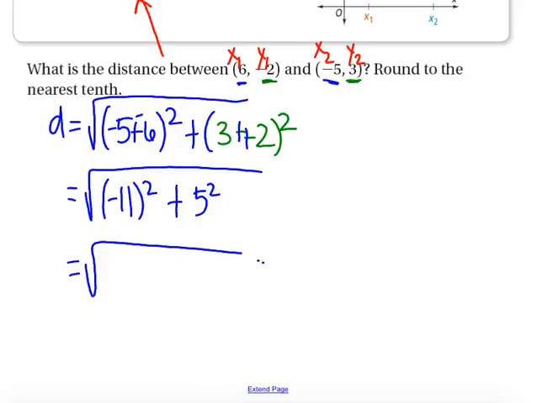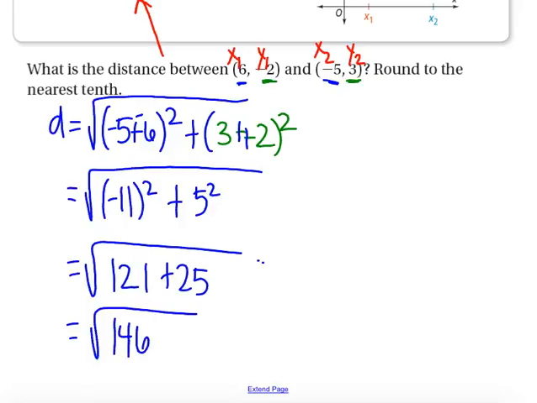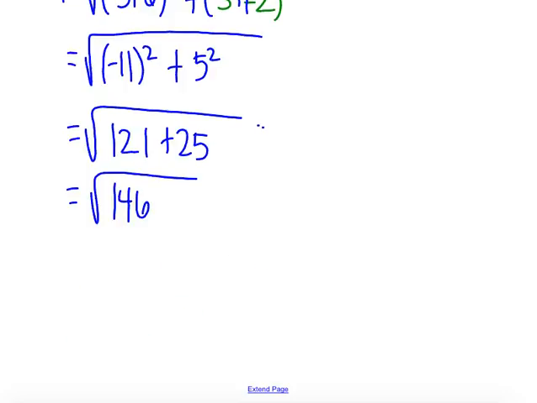So negative 11 squared is 121, 5 squared is 25. Adding those together, we get 146. And then we find that the square root of 146 is approximately 12.1.